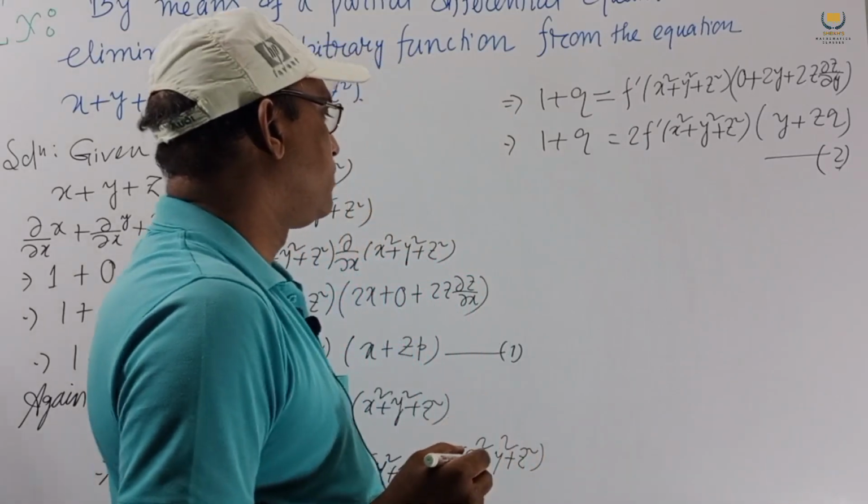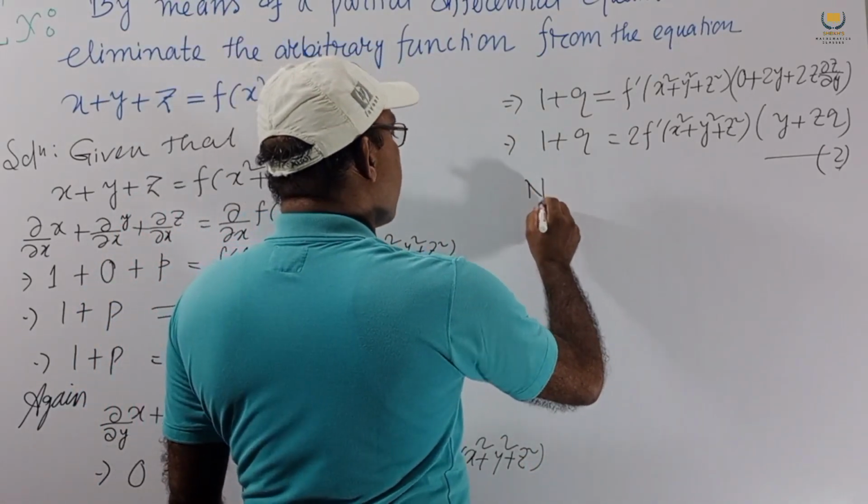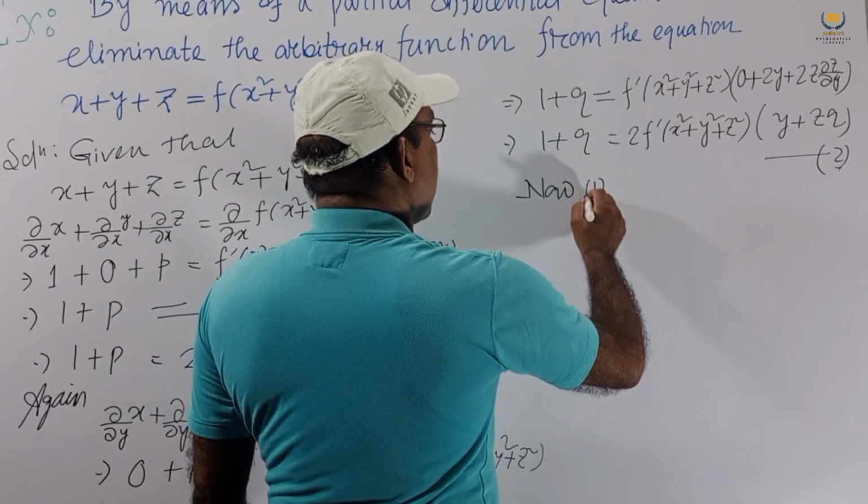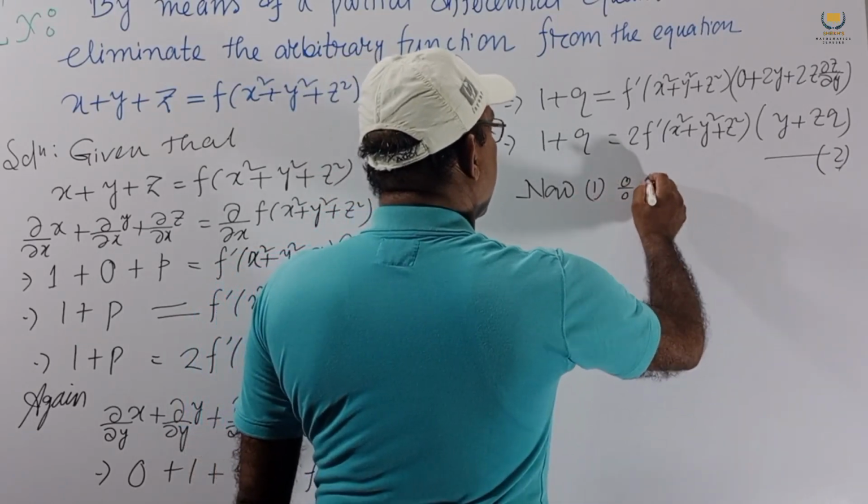So we get this is number 2. Now 1 divided by 2.